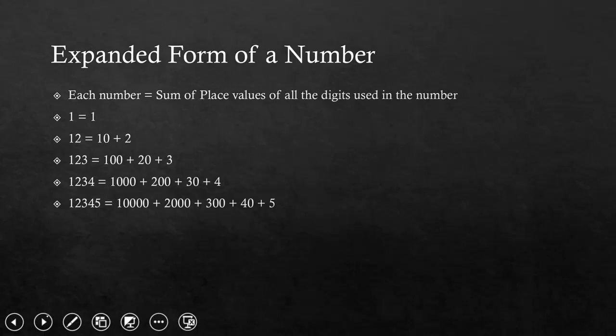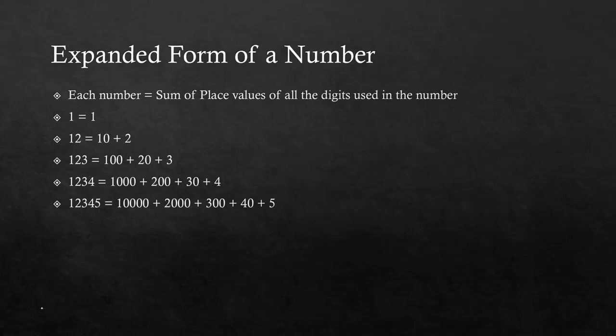Now we will try to write down the expanded form of a 5-digit number, 12,345. The place value of 1 is 10,000, the place value of 2 is 2,000, the place value of 3 is 300, the place value of 4 is 40, and the place value of 5 is 5.